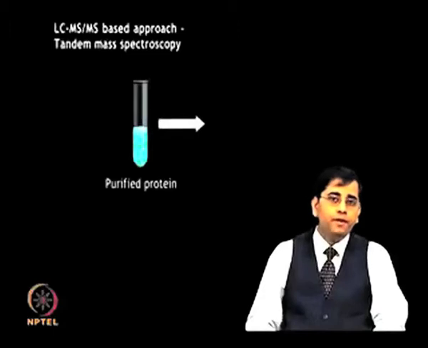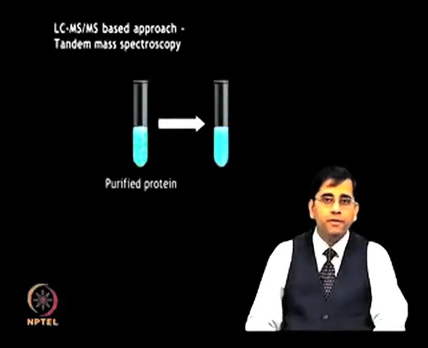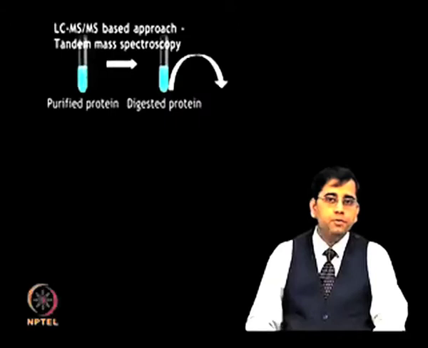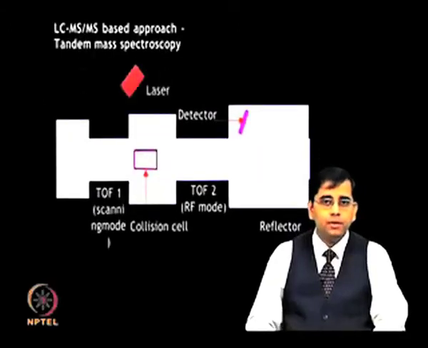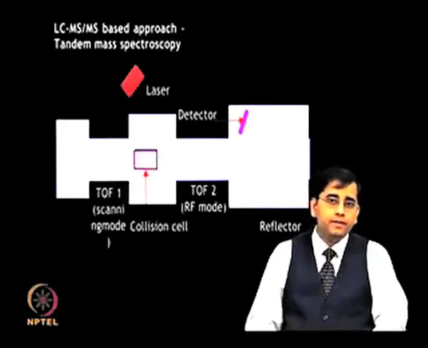The protein purified by liquid chromatography is then subjected to tryptic digestion followed by analysis using tandem mass spectrometry. Here I have demonstrated the use of MALDI-TOF MS for resolution of the generated ion fragments.